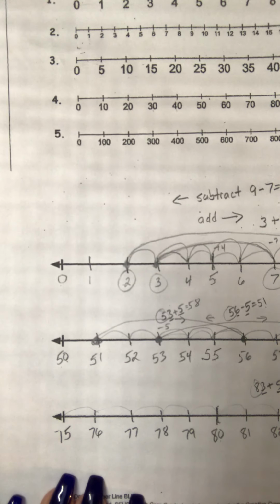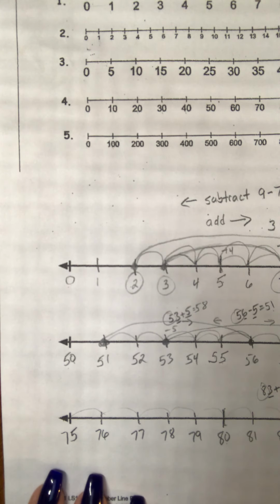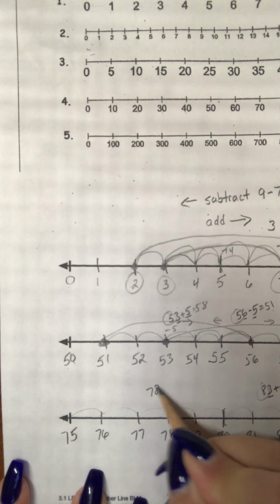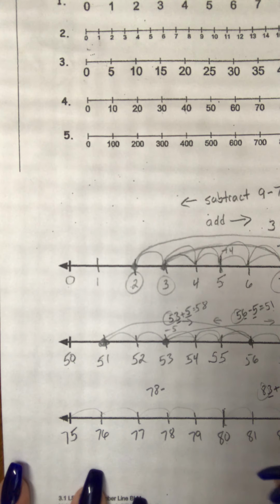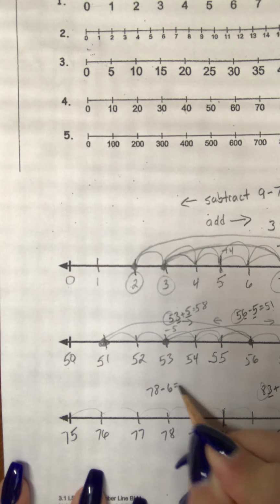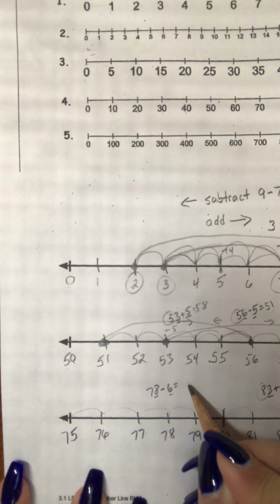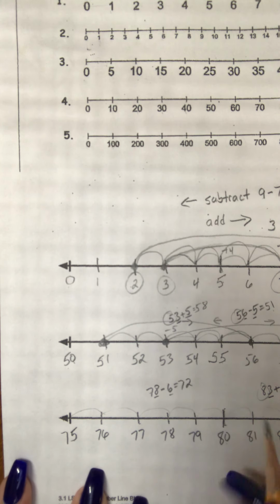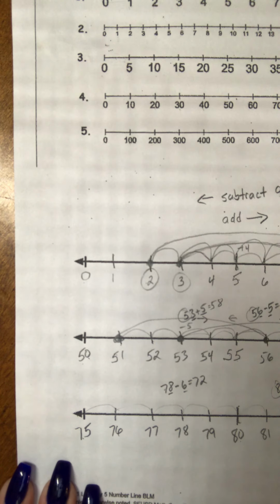Same thing with subtraction. If I did 78, take away 6. Well, 8 take away 6 is 2. We're in our 70s. We should land at 72, but 72 is not on there.